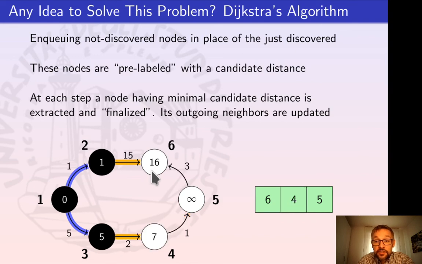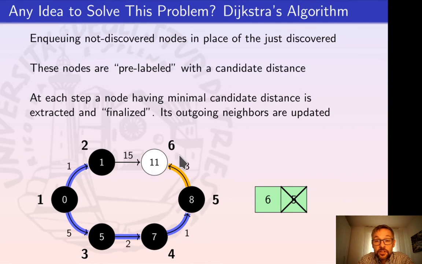Now we finalize it, and so we can update the distance of 6 according to the distance of 5, which is 8, plus the weight of the edge from 5 to 6, and we end up with a candidate distance of 11, which is smaller than the previous one, so we can update it.